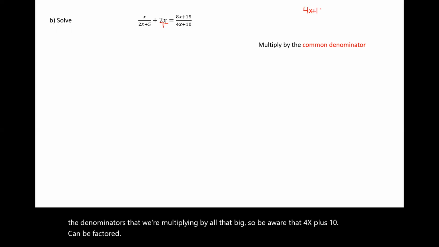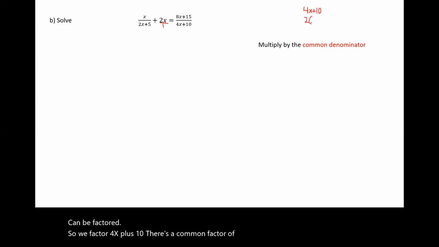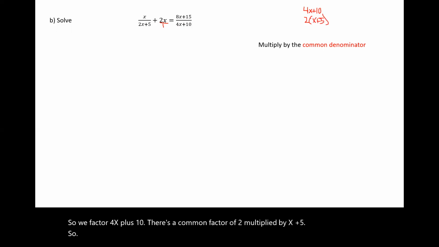So if we factor 4x plus 10, there's a common factor of 2 multiplied by x plus 5. So 2x plus 5 is already part of this denominator.